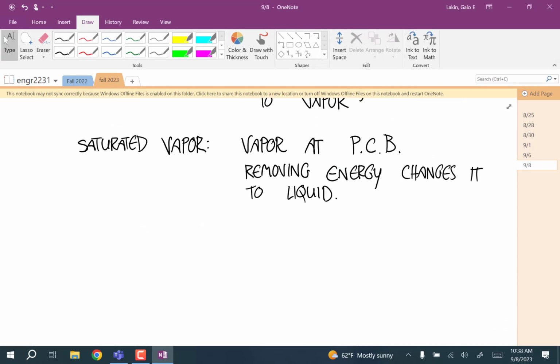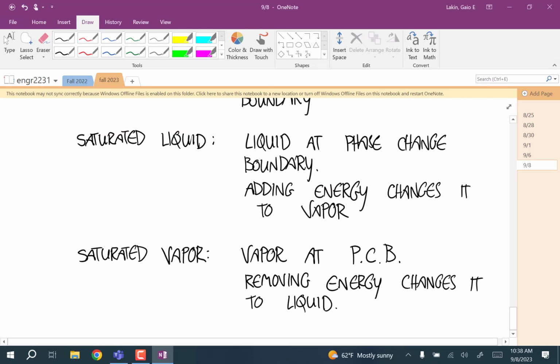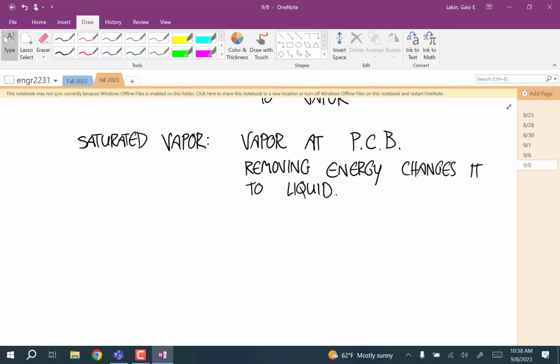And then the last definition, so that's saturated vapor, saturated liquid. Once you get away from the phase change boundary for a vapor, it's called a superheated vapor.